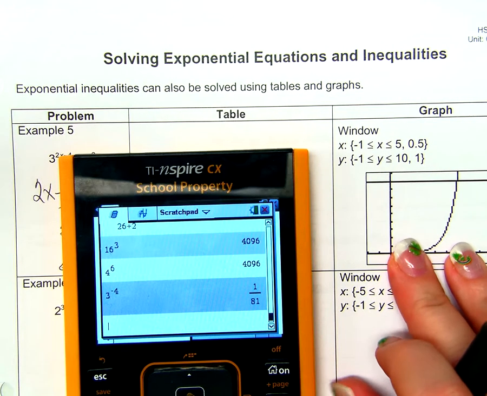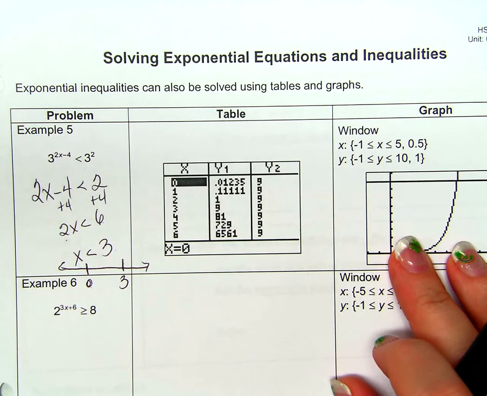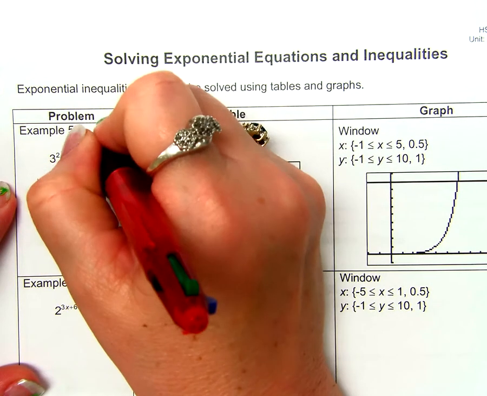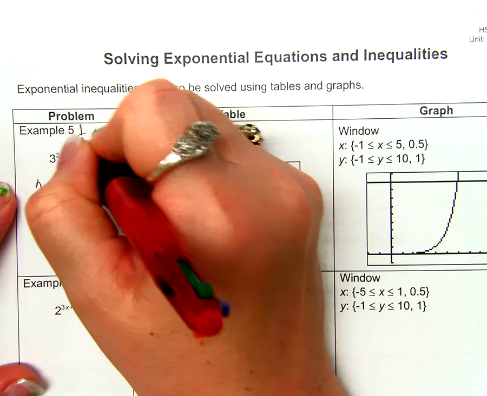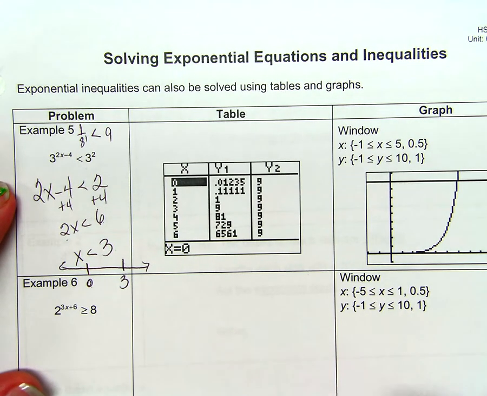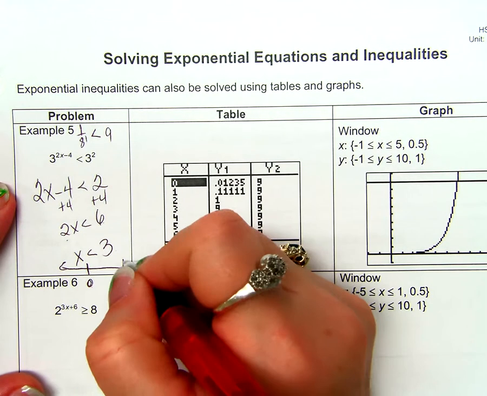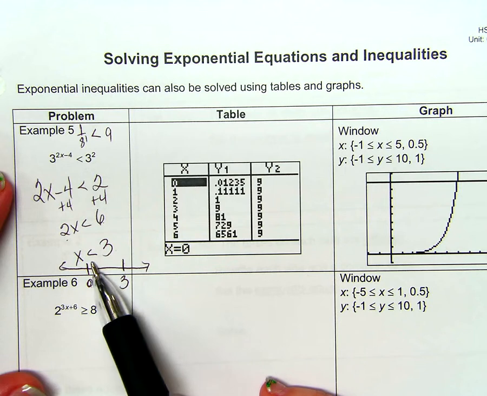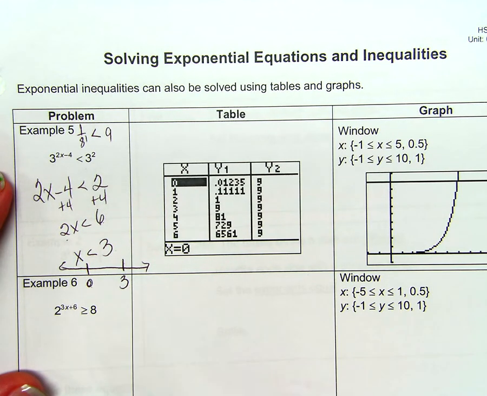Now some of you saw that because you knew that 3 to the 4th power was 81, but it's a negative, so you knew you were going to try to make it happy and move it to the denominator, right? So is 1 over 81 less than 9? Yes. So for sure, from the 3, I need to shade toward the 0. But that's what I already knew anyway, right? So this is kind of a check. Okay, using the 0 is kind of a check.